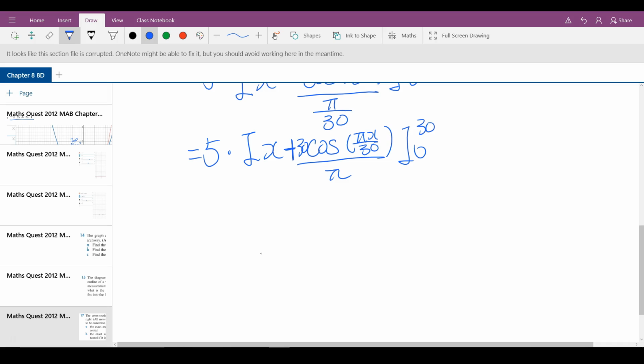Alright, just ignore the 5 at the front for now. So let's just do whatever is inside that first. So let's put a big bracket around here.